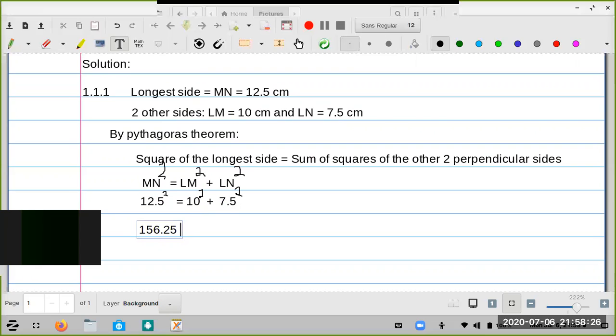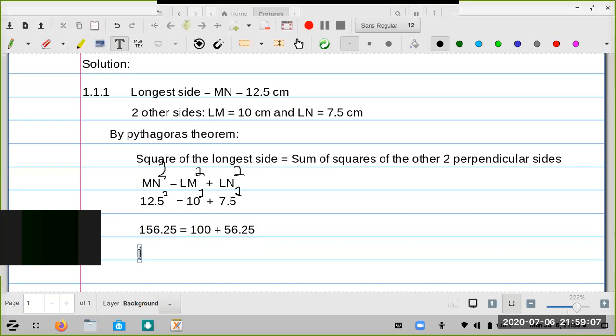This is equal to 10 squared, which is 100, plus 7.5 squared, which is 56.25. Remember I said I'm not going to transpose anything. I'm just proving that the triangle is either right angled or not right angled.